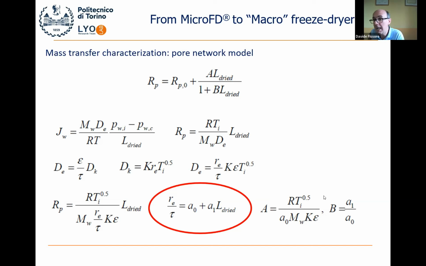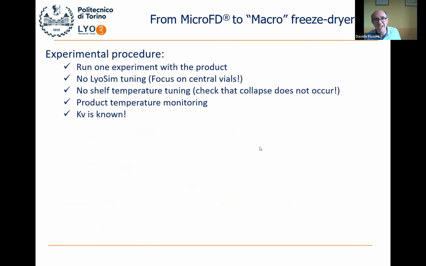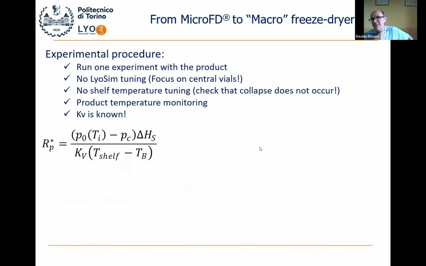RP versus L dried is given by the MicroFD software. If I don't trust the software, I may do this calculation using Excel, using this equation. I know KV, shelf temperature, product temperature, chamber pressure, and so on, and so I may calculate this curve.